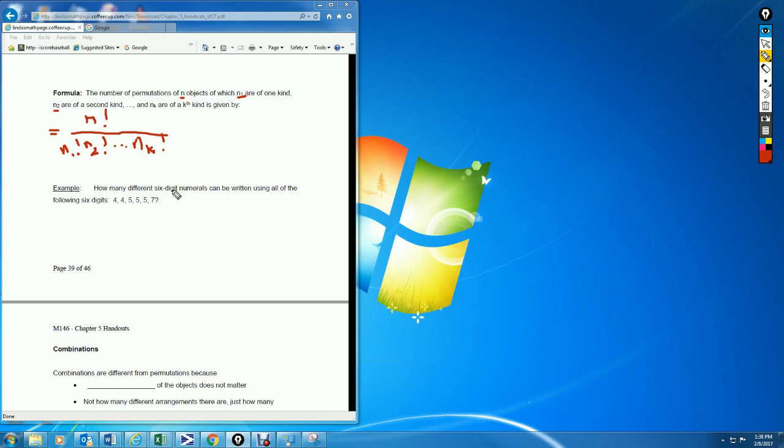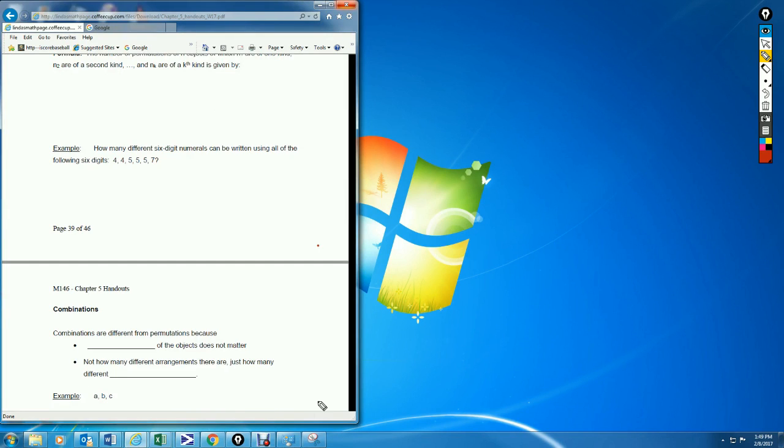How many different 6-digit numerals can be written using these 6 digits? Okay, so there are 6 total numbers here. So in other words, n equals 6. Okay, so n equals 6, but we have some repeats.